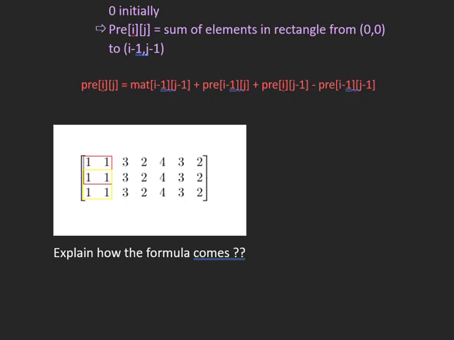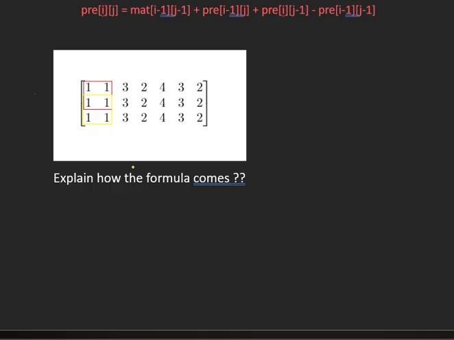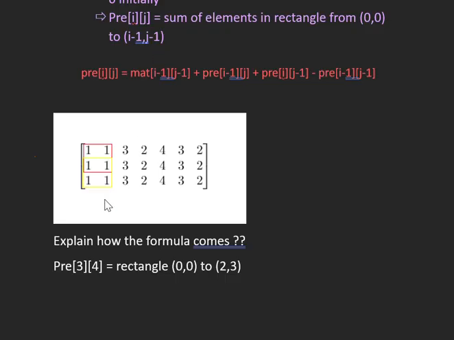So for that, we'll be taking this matrix, and suppose we have to calculate prefix of 3 comma 4, which is the rectangle from 0 comma 0 to 2 comma 3. I'll show you by drawing it. Yes, so this will be the rectangle, right?